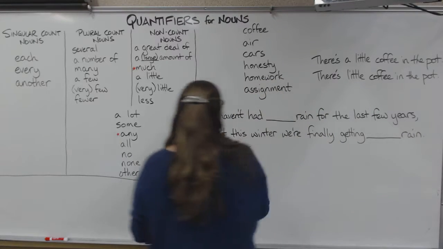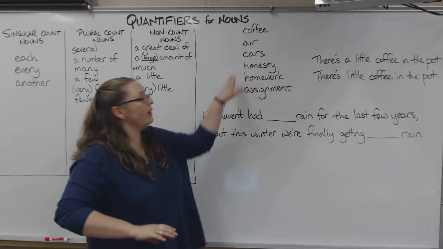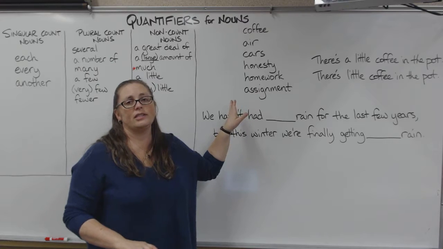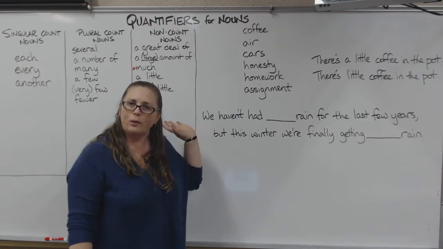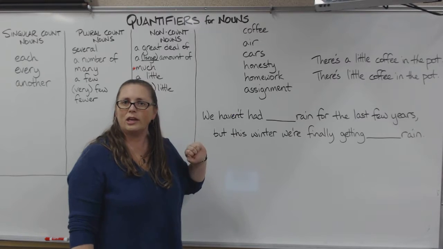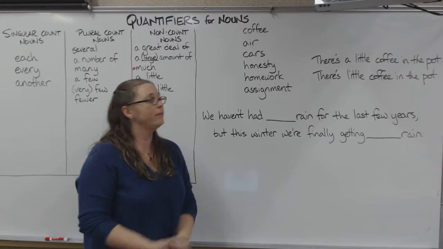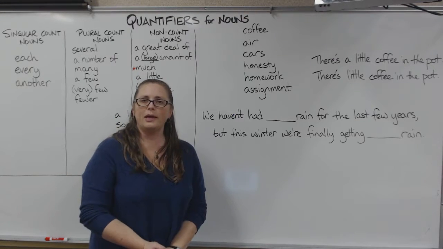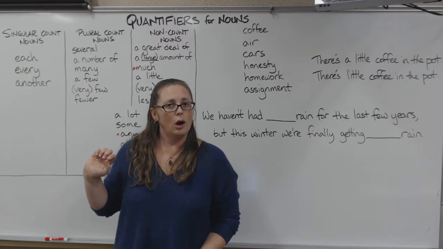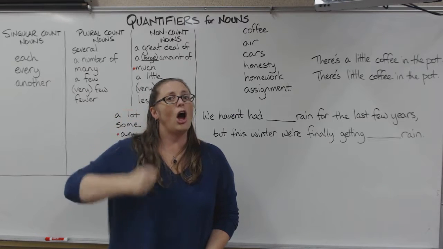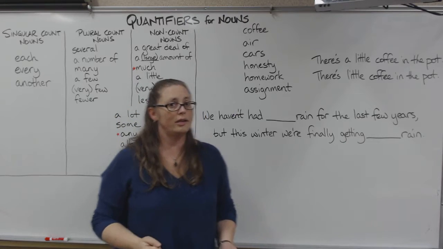All right, let's take a look over here. I've got some nouns up here. Let's see if we can identify what type of noun it is and what kind of quantifier we can use. So coffee, what is that going to be? Singular count, plural count, or non-count? Hopefully you're thinking right away, non-count. It's a liquid.